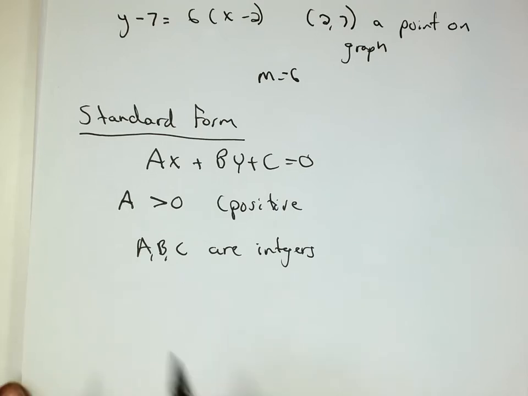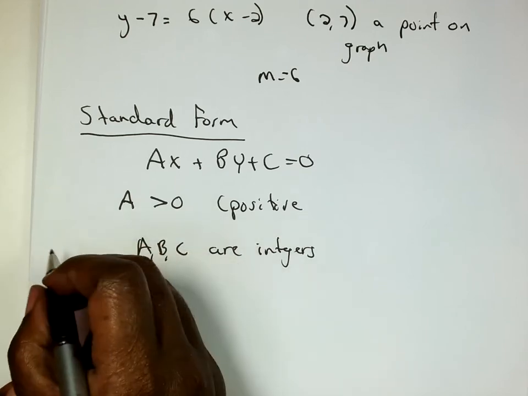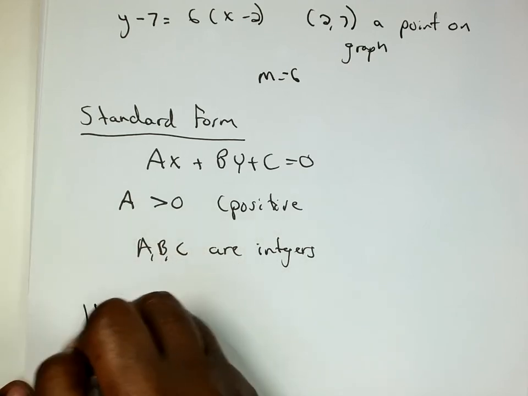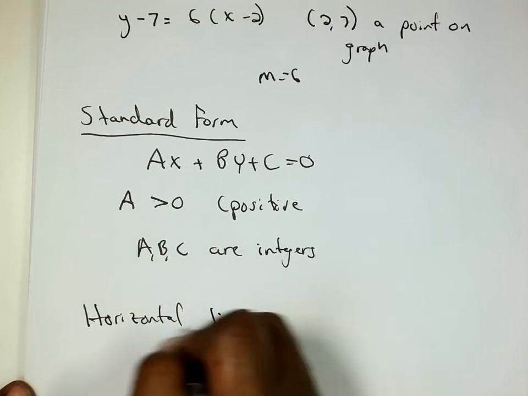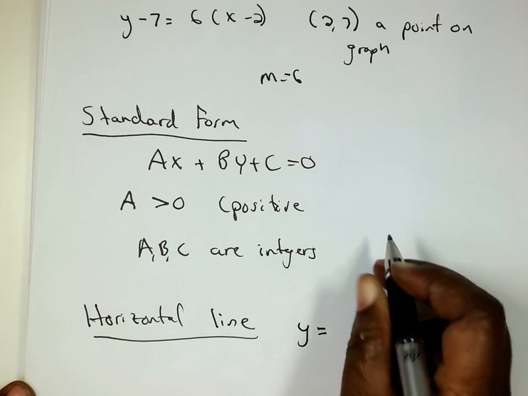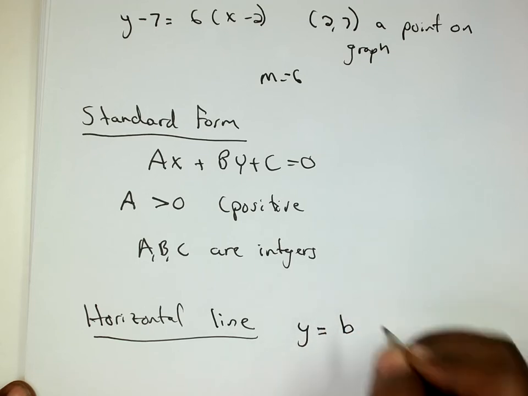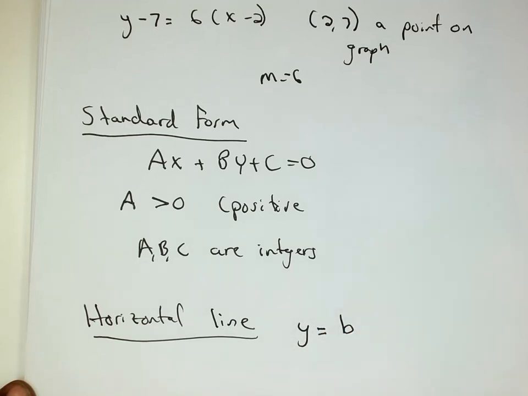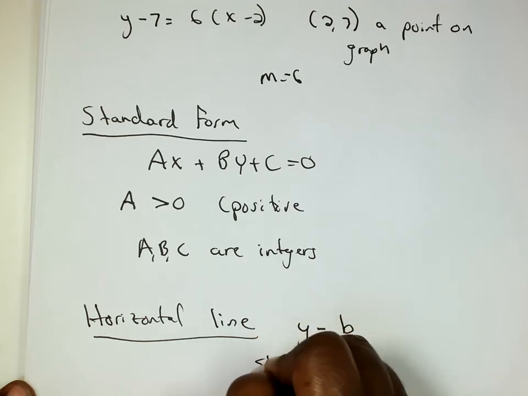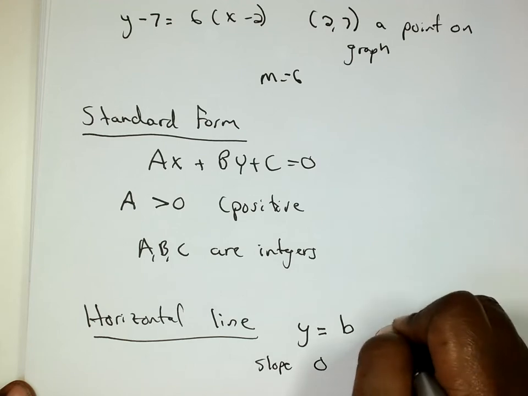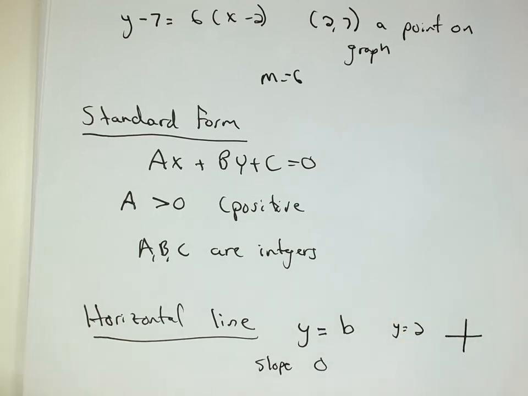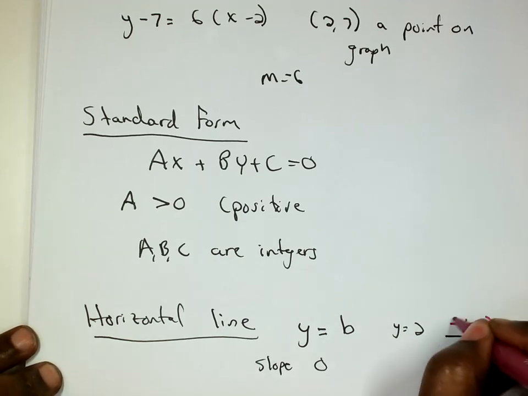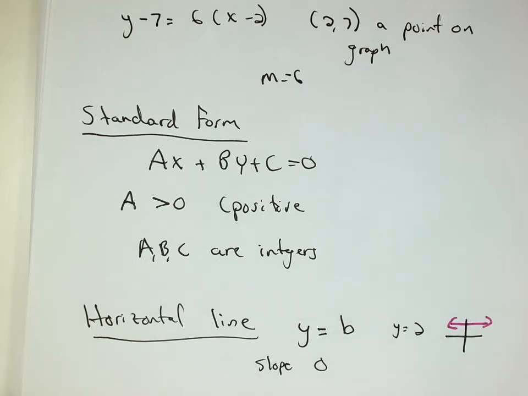And then lastly, we talked about the vertical and the horizontal line. So the horizontal line is just y is equal to b, because there's no change. Remember, those were just straight across. The slope was 0. So if I had y equals 2, that would be that line.